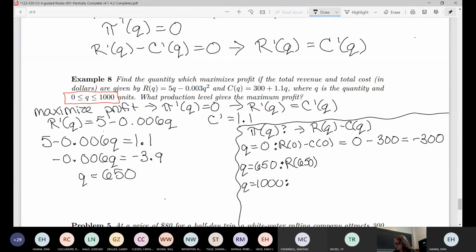Revenue at 650 minus cost at 650: 1982.5 minus 1015, and then we'll get 967.5.